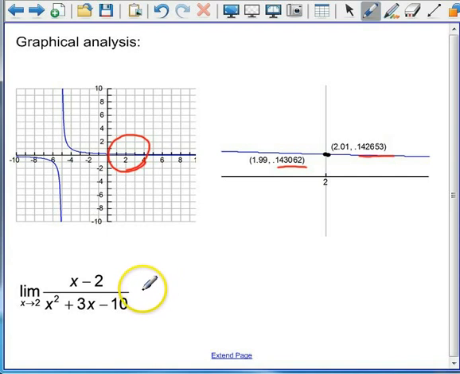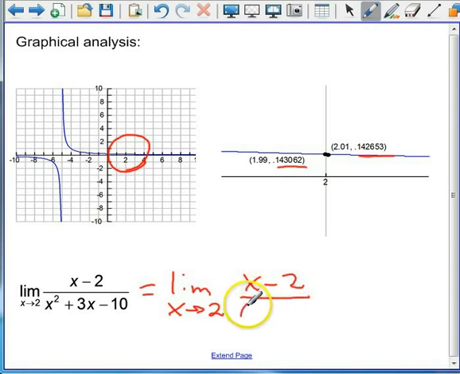Well, here's the secret. If I factor, or let me be precise here. We're taking the limit. So if I take the limit as x approaches 2 of x minus 2, and I factor, so it's going to be x minus 2 times x plus 5, check out what happens.